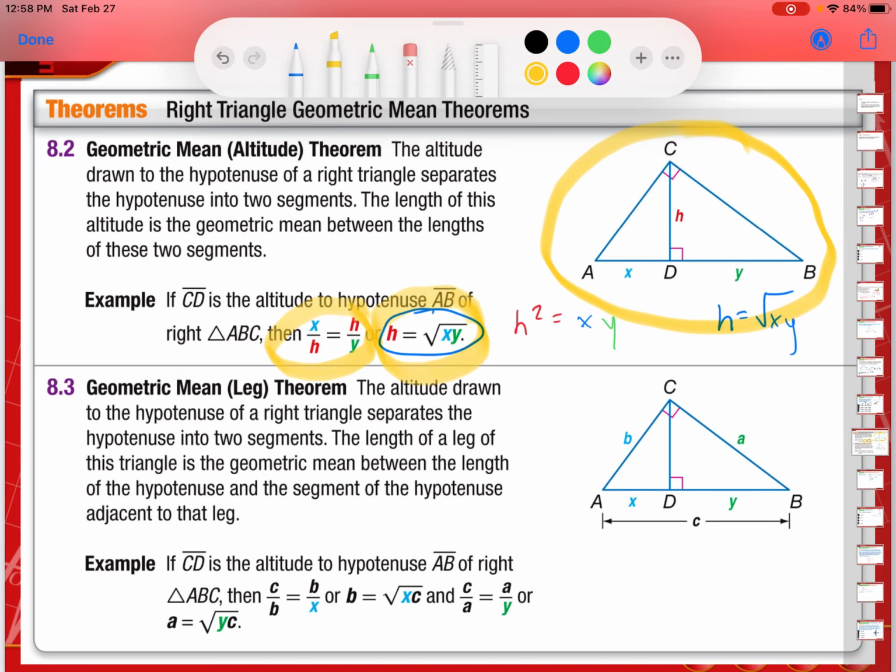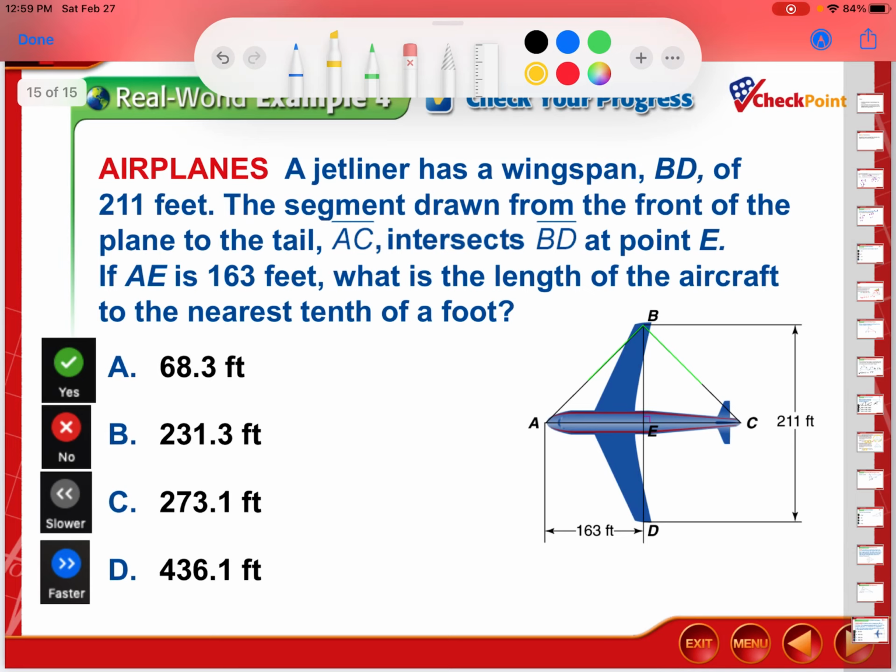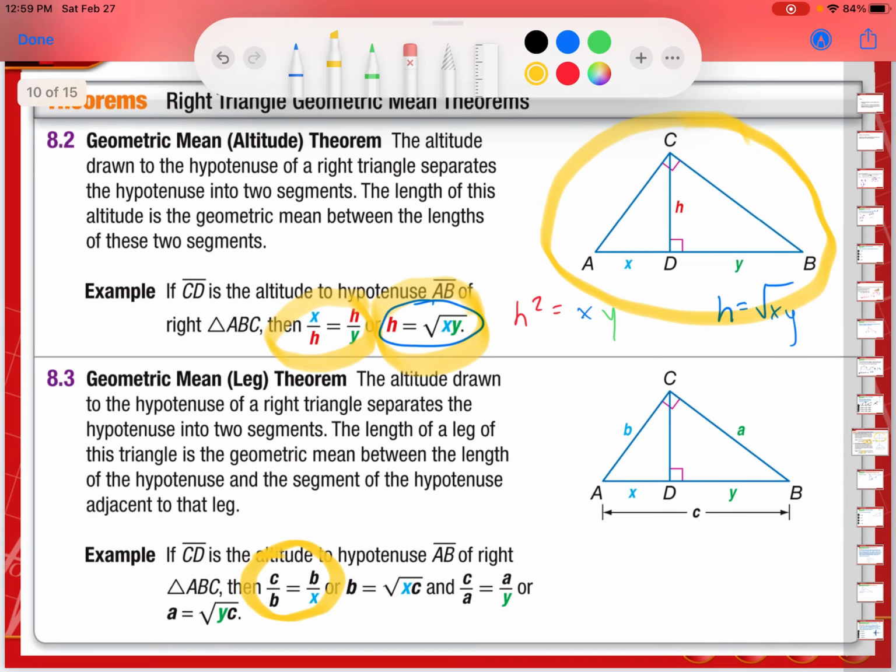So this one tells us that we can write these two proportions. Ooh, that wasn't a very clean circle. We're going to give that one another go. We can write that proportion. We can skip all over this slideshow. We can write this proportion and solve for different measurements.